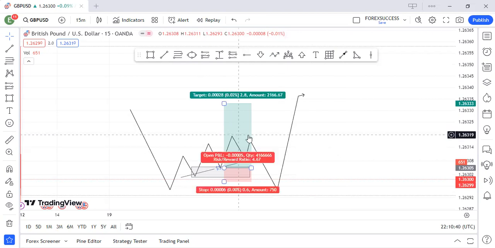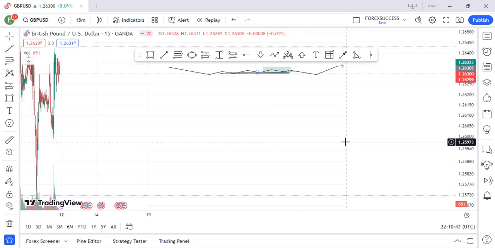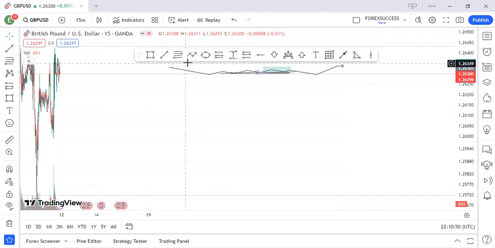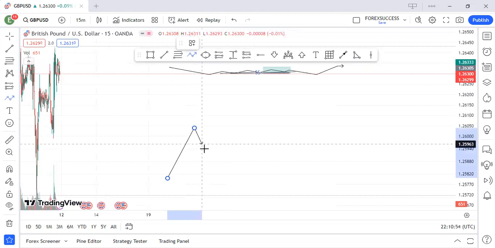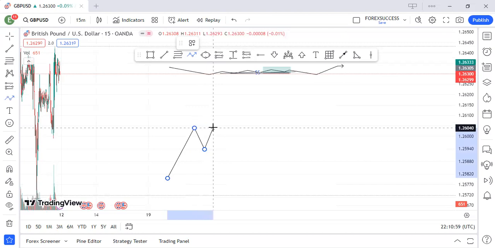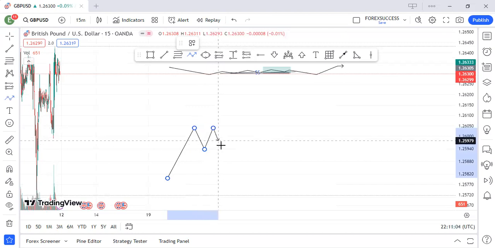Now, my mentee had something like this on GBP. Price was in an uptrend, just this way, right? Price dropped to a low here and wasn't able to build a structure. Price dropped to that low during the London session.